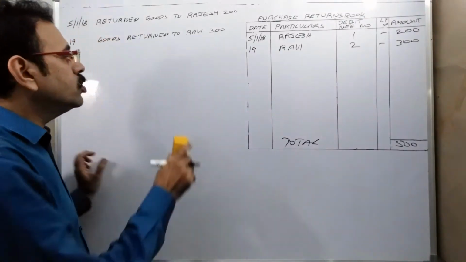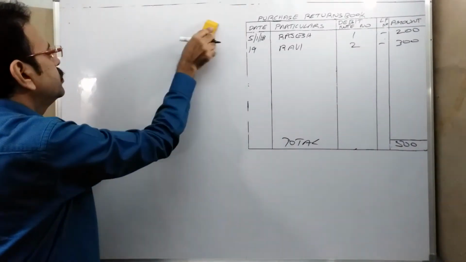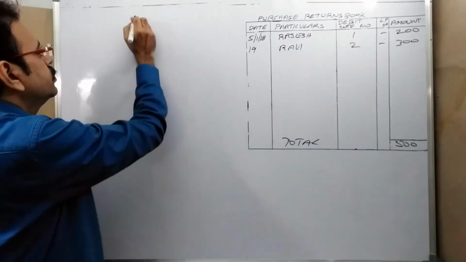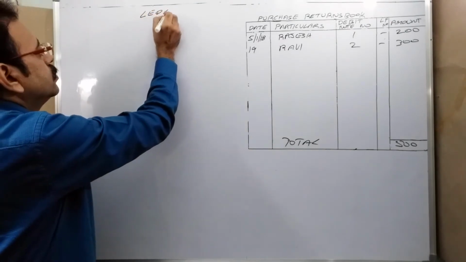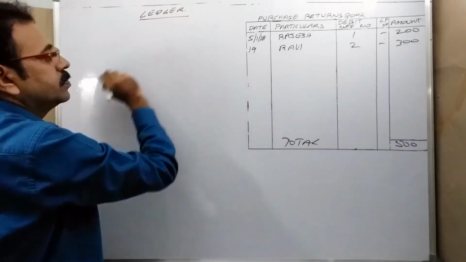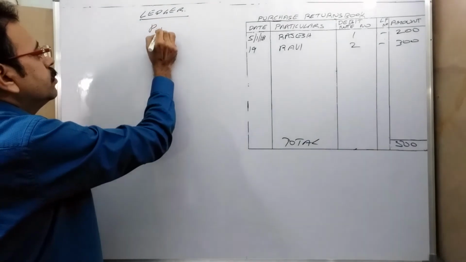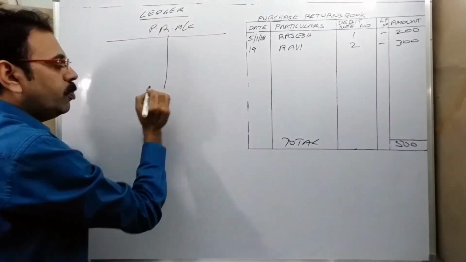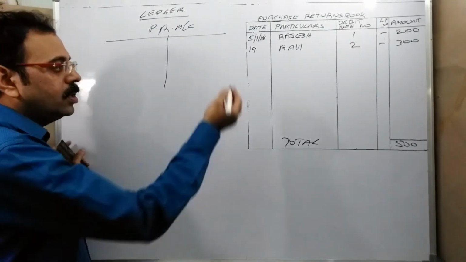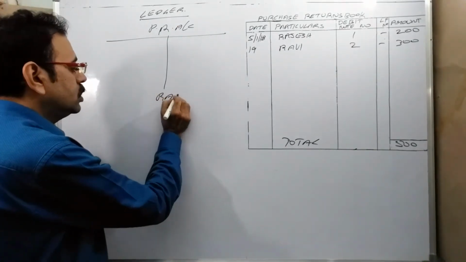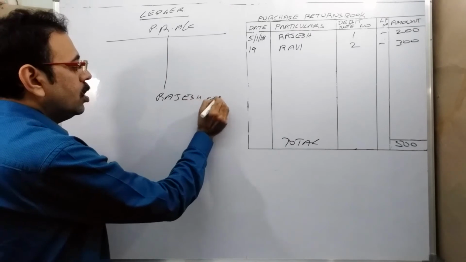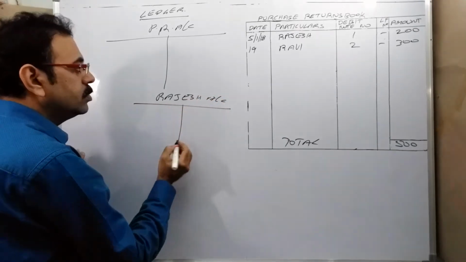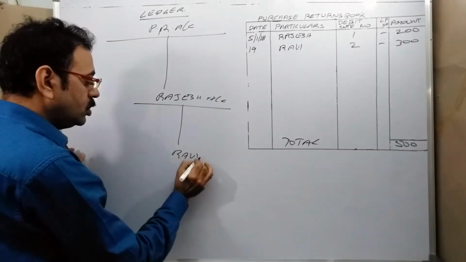Now how to post them in the ledger? We should open the purchase returns account, and those suppliers' accounts, Rajesh account and Ravi account also.